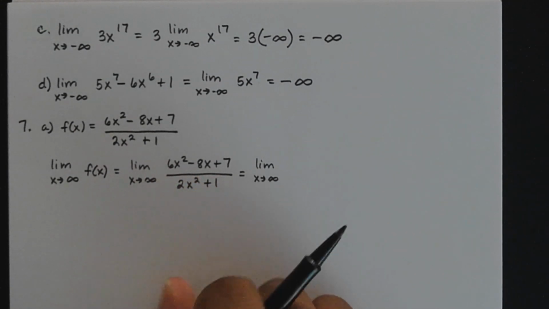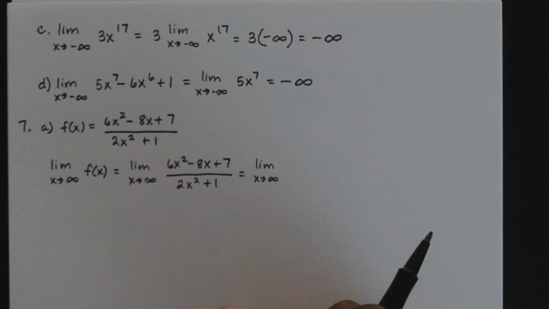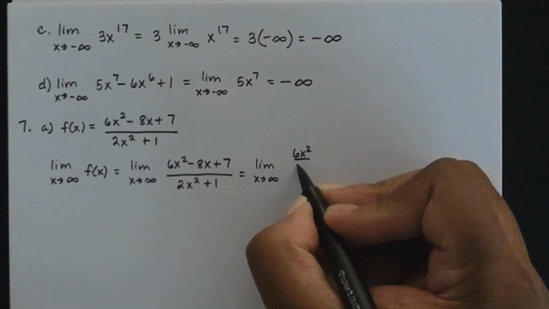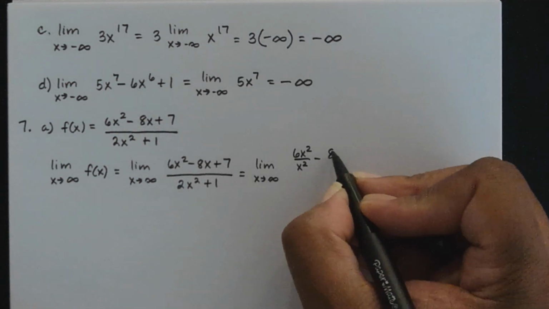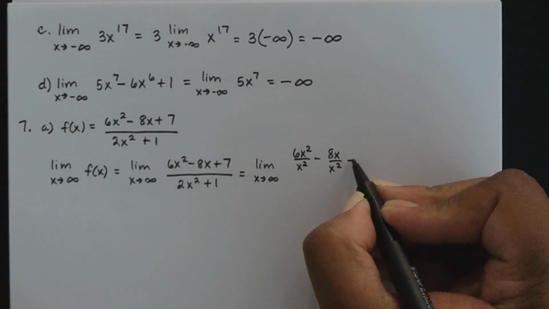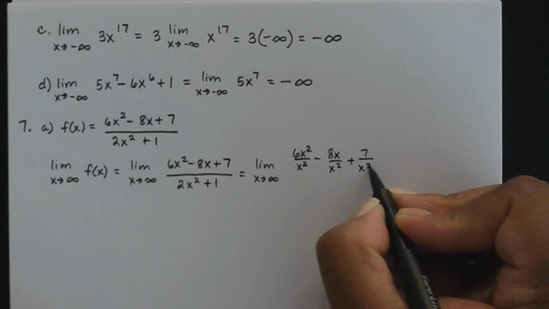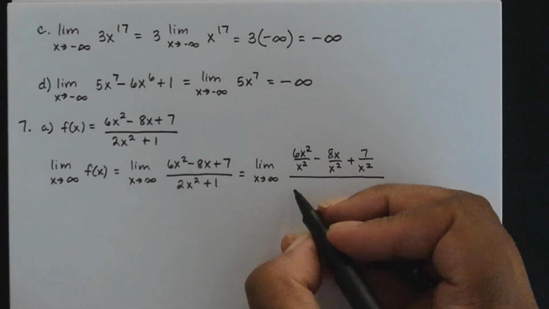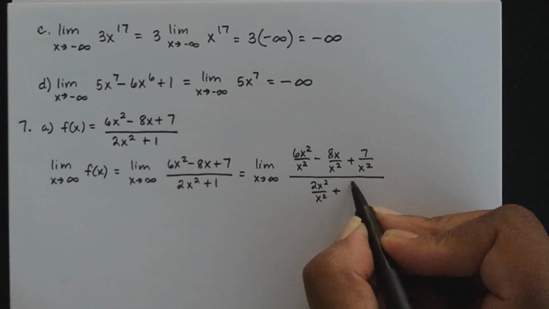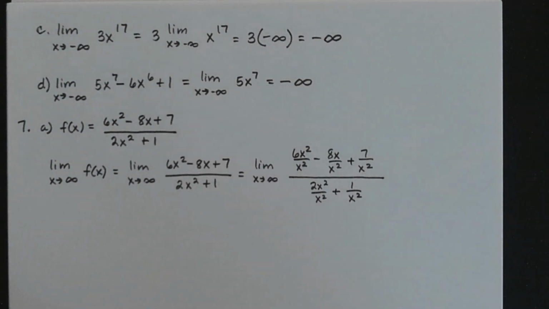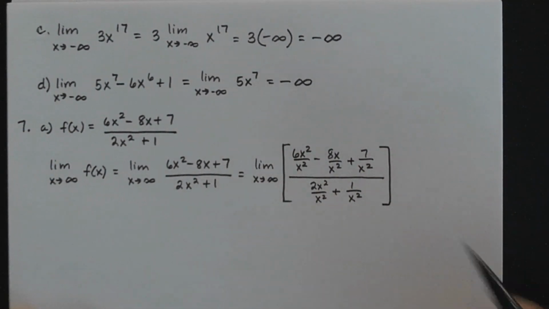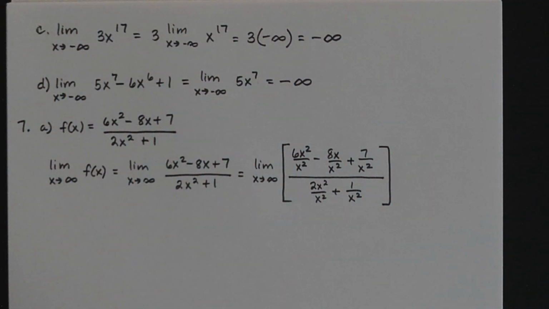And in this case, x squared has the highest exponent. So we'll take 6x squared, divide that by x squared, minus 8x divided by x squared, plus 7 divided by x squared. All that's divided by the 2x squared divided by x squared, plus 1 divided by x squared. Now put all of this inside the bracket to indicate I'm taking the limit of the whole thing.